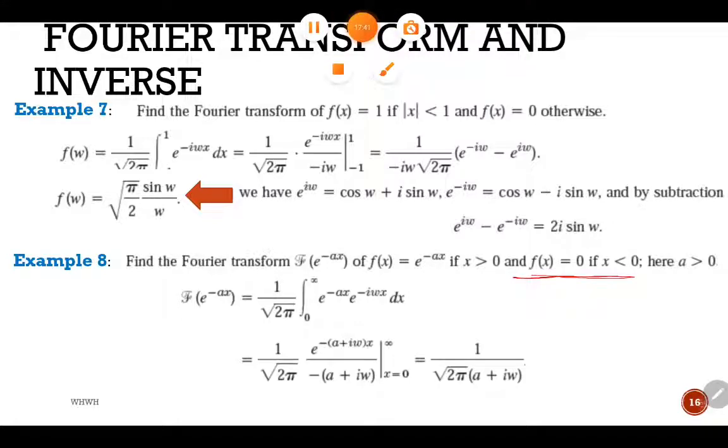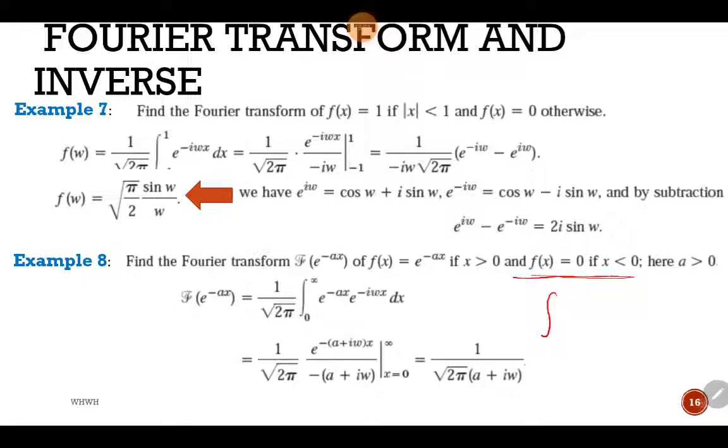Okay, so kat sini dia dah state f(x) sama dengan 0 if x is less than 0. So integration kita adakah daripada negative infinity ke infinity? Tak kan, sebab less than 0 it is equal to 0. So there is no point lah.